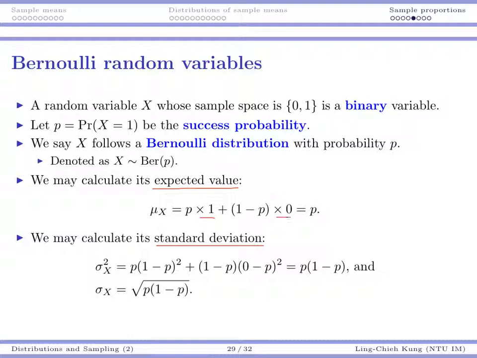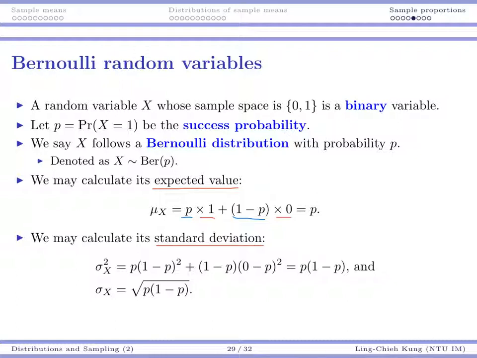So here, possible values are 1 and 0, and their probabilities are P and 1 minus P respectively. So if you do this weighted average, you get P at the end, and that's the expected value. When you select one value from this population, the expected value is P.